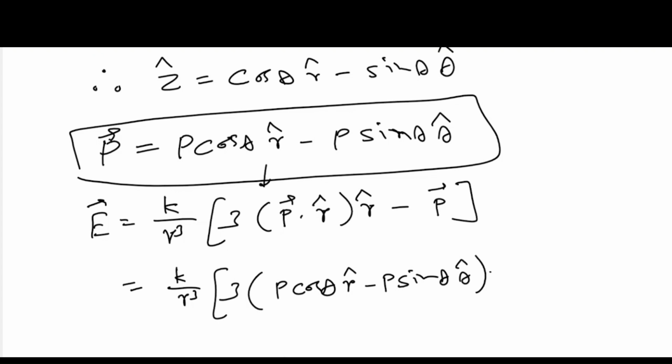This is p dot r cap, so this is p dot r cap times unit vector r cap minus the same thing, p cos theta r cap minus p sin theta theta cap.